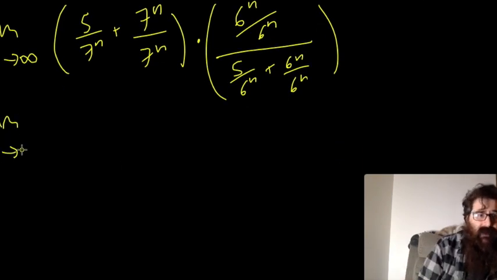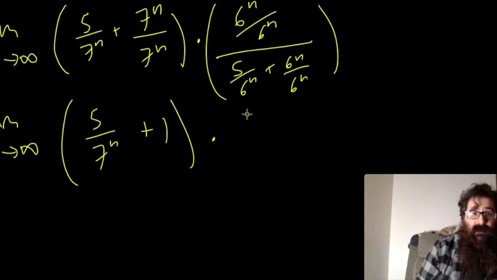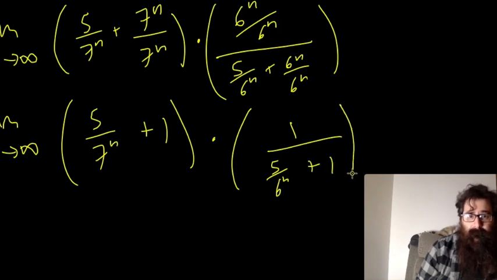So we'll say limit as n still goes to infinity. I have 5 over 7 to the n and then plus 1 times, and here I have 1 on top, divided by 5 over 6 to the n and then plus 1. And now I can take a look at my limit as n goes to infinity. Now as n goes to infinity, 7 to the power of n goes to infinity as well. 5 divided by something going to infinity is going to give me 0.